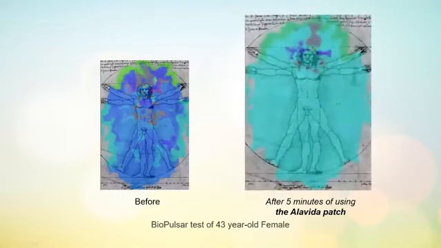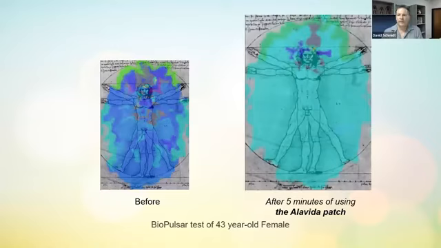And after 5 minutes, a very dramatic improvement. Again, we see that the flow of bioelectrical energy has normalized and the field has expanded. Like, for example, you can see it's only coming around here on her hand, and then in this image, it has expanded all the way over. So this is really a phenomenal result.